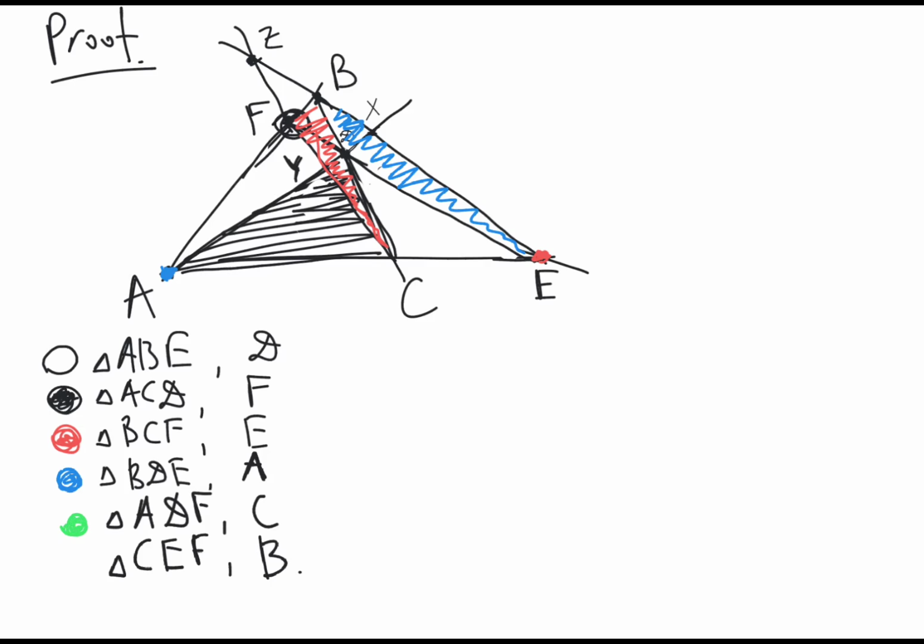So it's ADF, ADF and the intersection point C. This, and then finally CEF, CEF and the intersection point B.